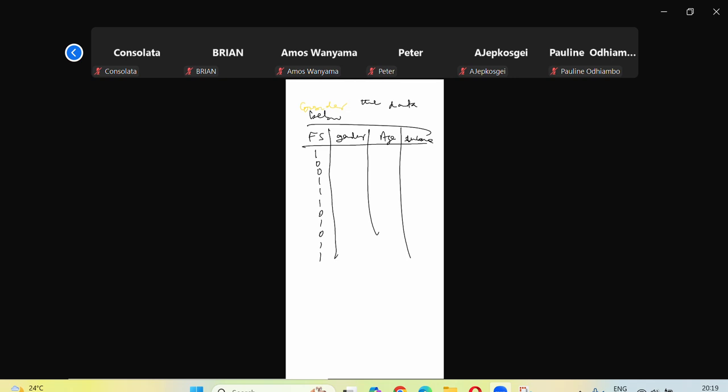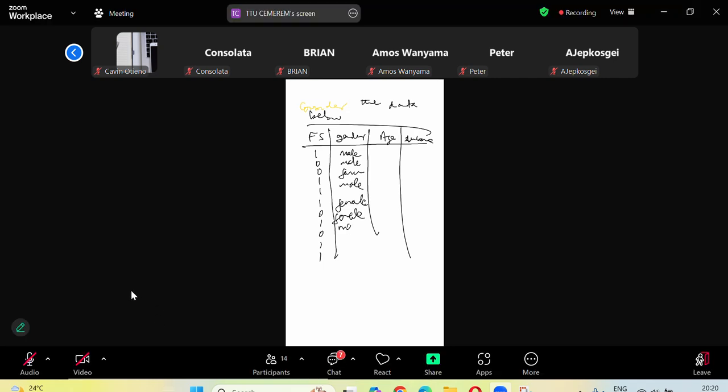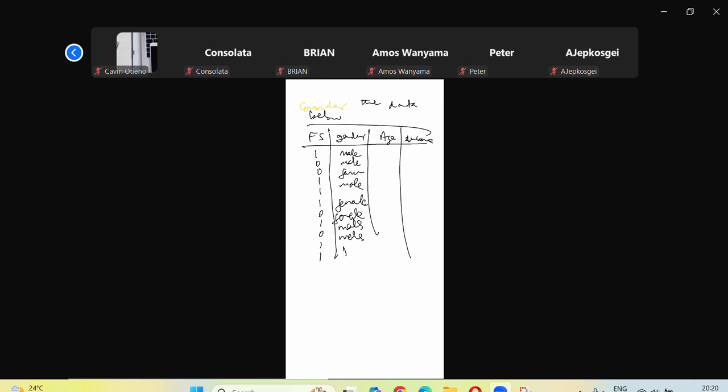The food security values are 1, 0, 0, 1, 1, 1, 0, 1, 0, 1, 1. Gender is male, male, female, male, female, female, male, male, female. Guys, they might not be aligned, but when you're writing yours, make sure each and every row has a value. Then age, let's say, is 20, 21, 23, 28, 48, 65, 21, 28, 32.